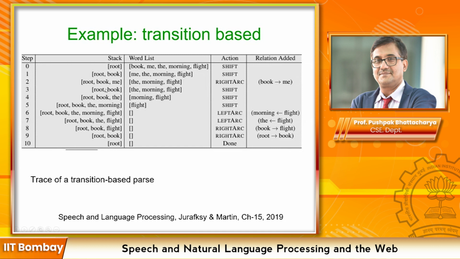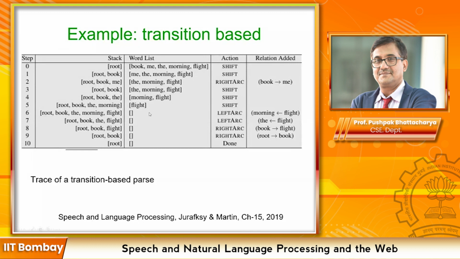Why not set up a relation between root and book and be done? No, because the word list is not empty yet. Therefore, this is a feature for decision making. Root to book, I cannot set up a relation if the word list is not empty.